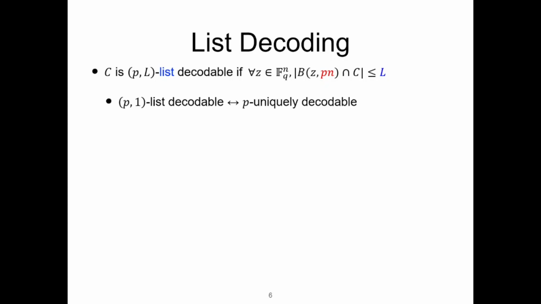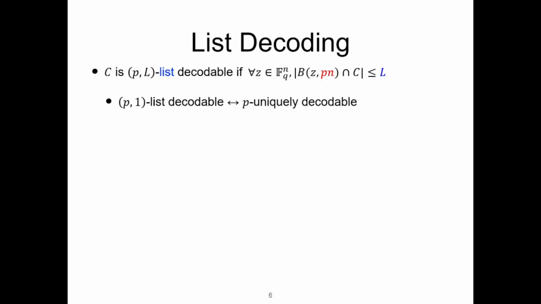Next, we discuss list decoding, which is a relaxation of unique decoding. So we say a code C is (p, L) list decodable for some integer L if for every vector z, the Hamming ball centered at z with radius p times n contains at most L codewords in C. In particular, when L equals 1, we see that (p, 1) list decodability coincides with p unique decodability.